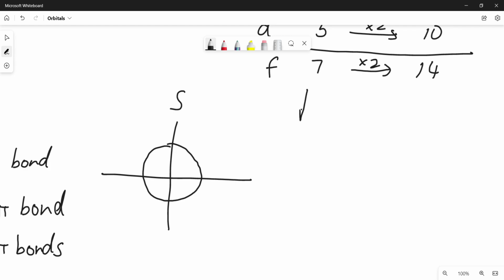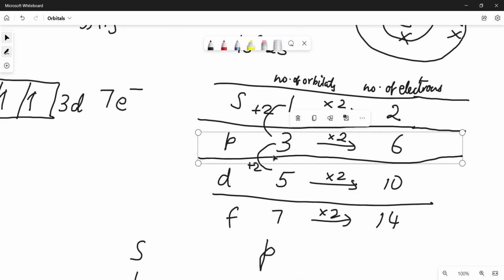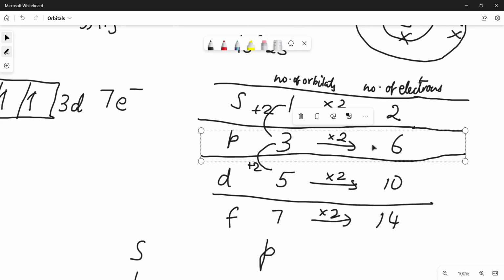And for p orbitals, it's like this. Let me show you. So we have one oriented this way, and we have one oriented this way, and we have one oriented this way. So there's 3 orbitals like we showed before when we had p is 3 orbitals and 6 electrons.